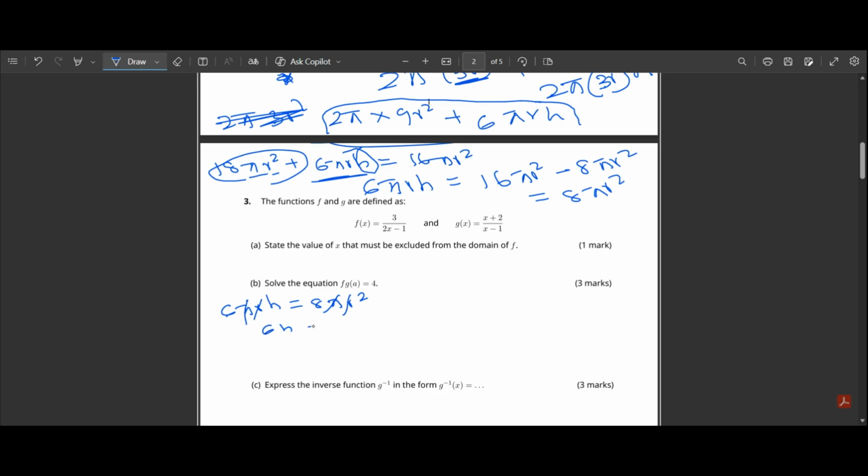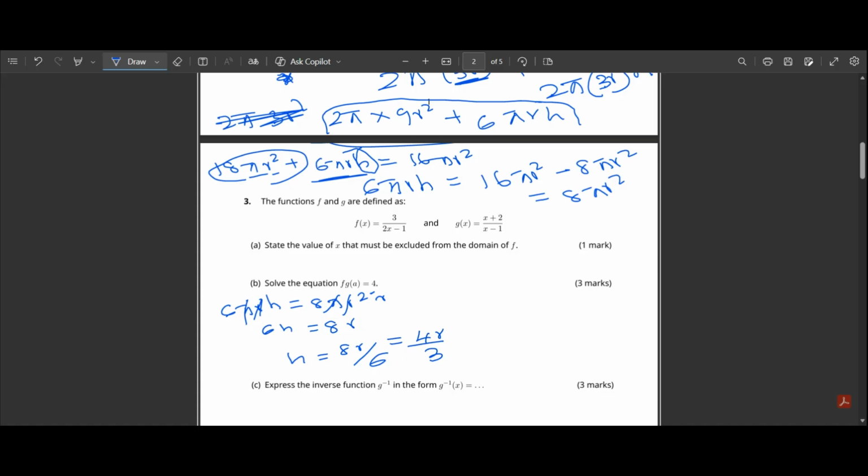Sorry, this is r squared, so if you cancel an r, there will be an r here. So 8r. So h is equal to 8r divided by 6. So it is 4r divided by 3. So h is equal to 4r divided by 3.